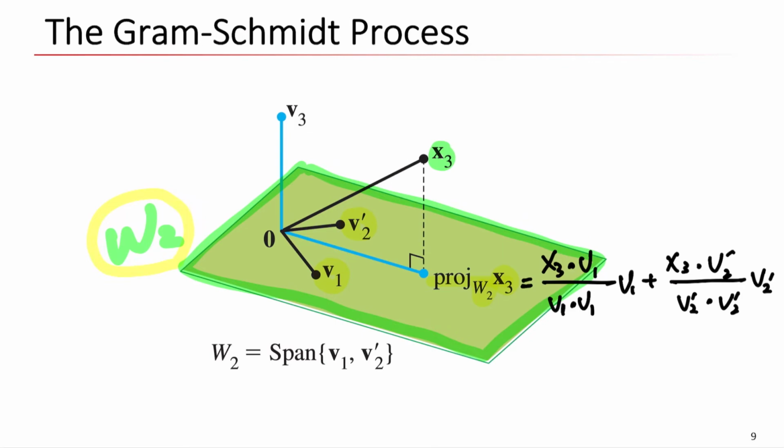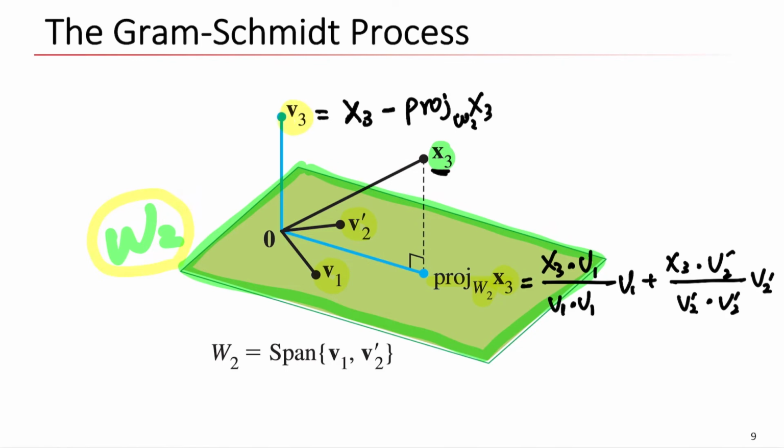So this is the orthogonal projection of the X3 onto the W2 space. Then this V3 will be the component of the X3 orthogonal to the W2 space, right? So it will be X3 minus the projection of the X3 onto the W2 space. Because we already know the X3 and its projection onto the W2 space, we can derive the V3, right?